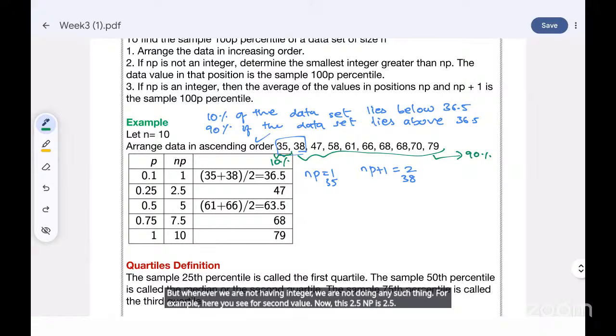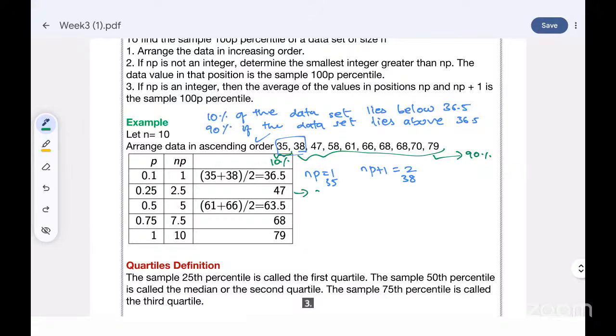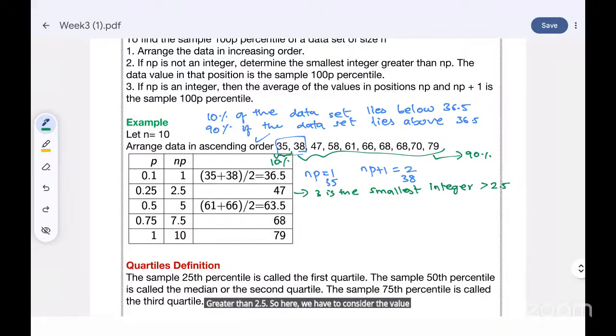Now this is not an integer. In this case, what are we doing? Determine the smallest integer greater than NP. What is the smallest integer greater than NP? 3. Yeah, so 3 is the smallest integer greater than 2.5.